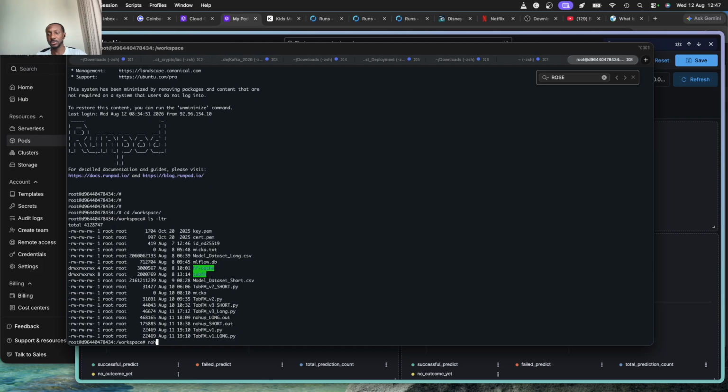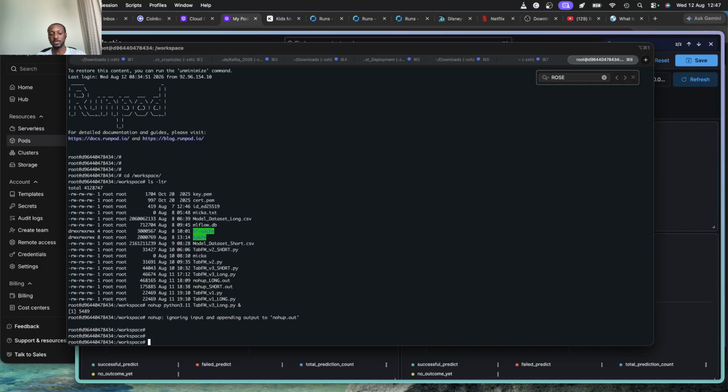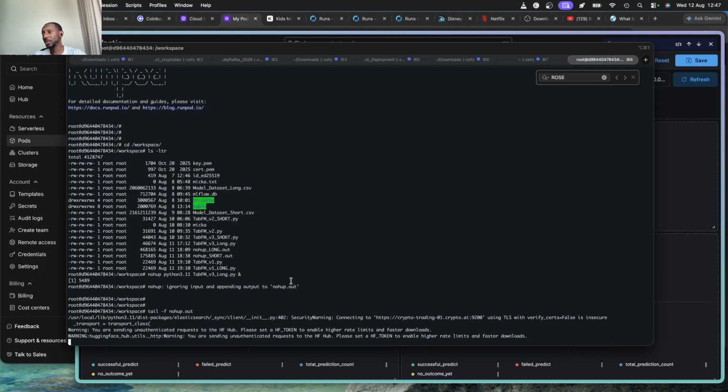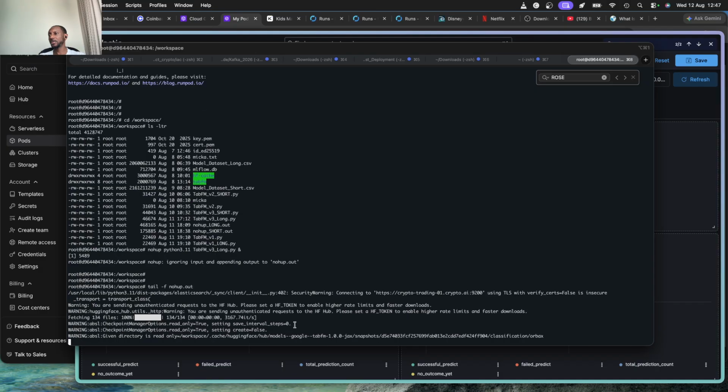We'll just put it back on the node up real quick, and then we'll run this, and keep track of it there. Now, if you have a look at what it's doing, it will load the TabFM model locally, because I've downloaded it here.